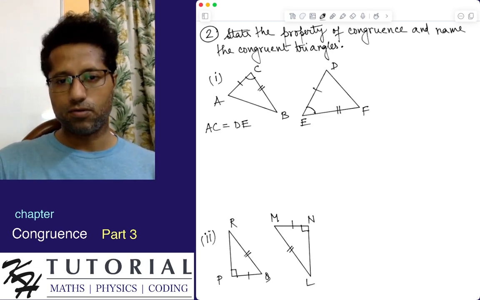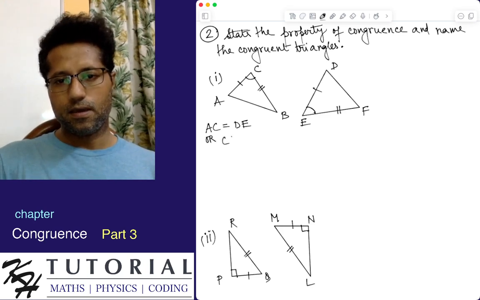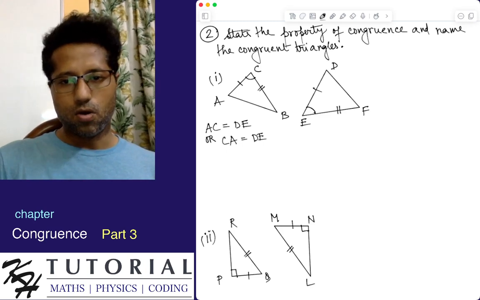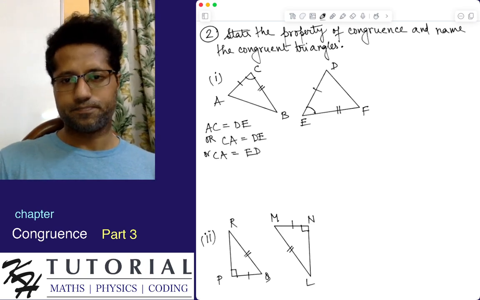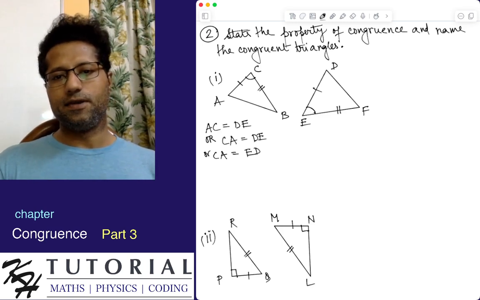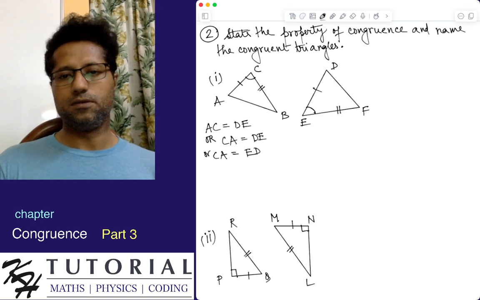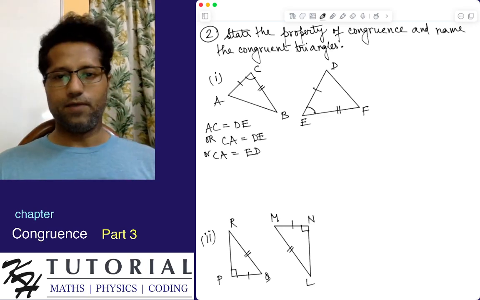It doesn't matter. I could have also said that CA is equal to DE, or CA is equal to ED. It doesn't really matter, since these are lengths.